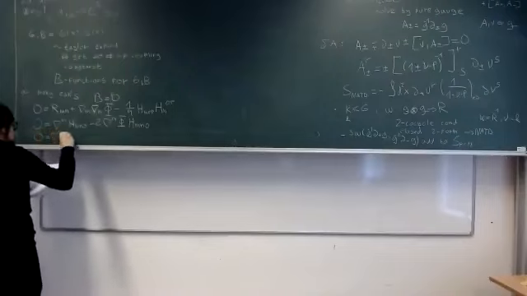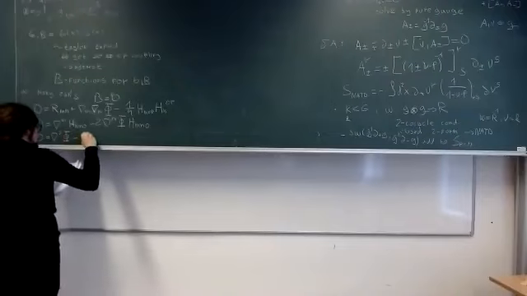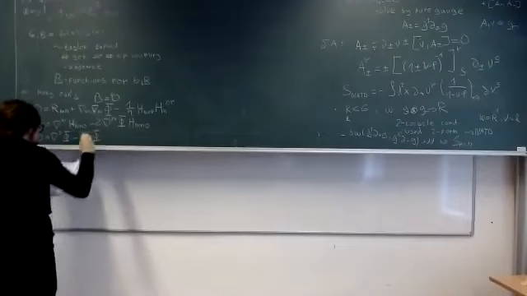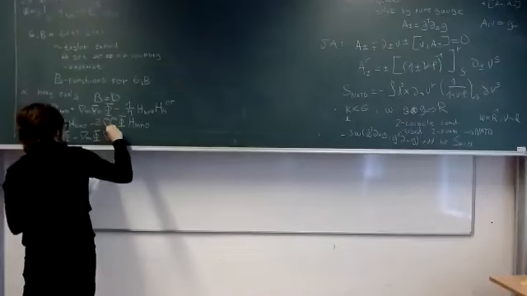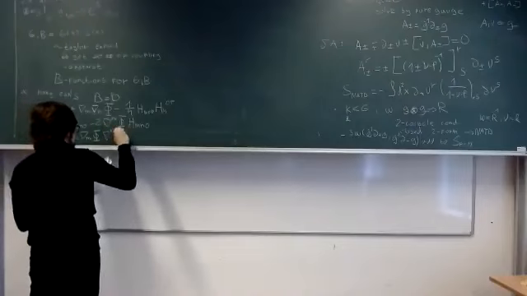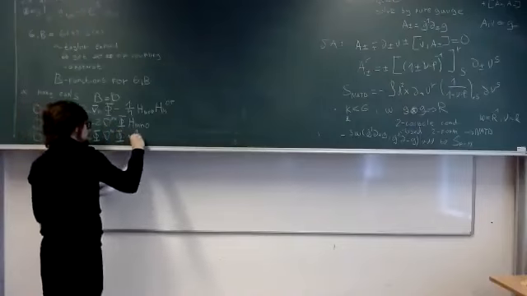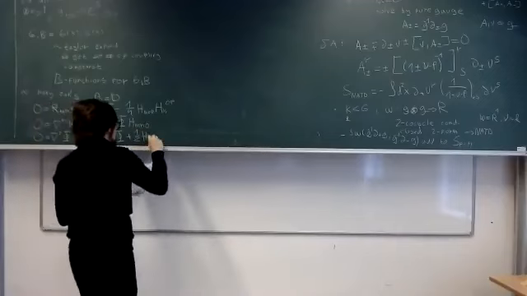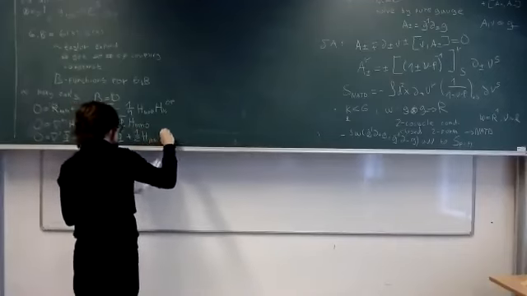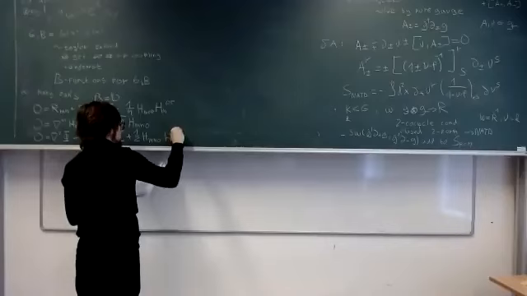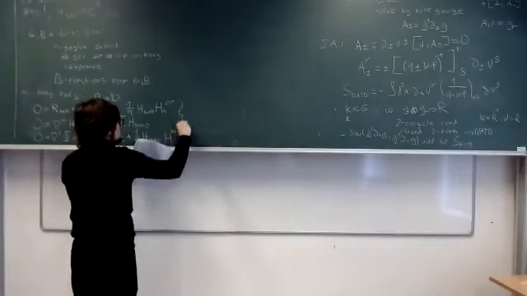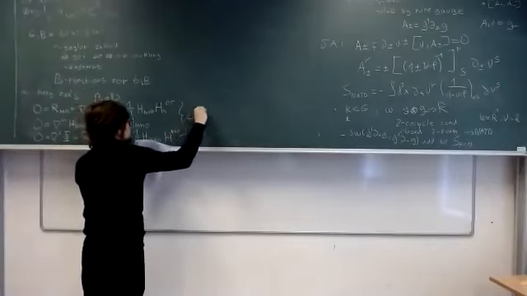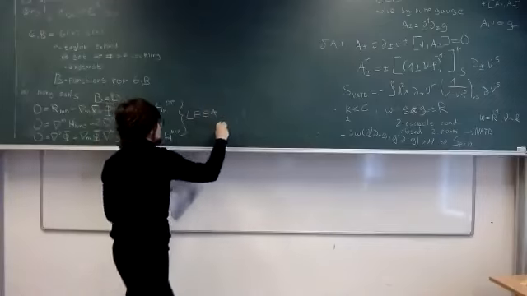And so you can also encode these equations in a different way by finding an action which will give you these as its equation of motion by some variational principle. It's called the low energy effective action.